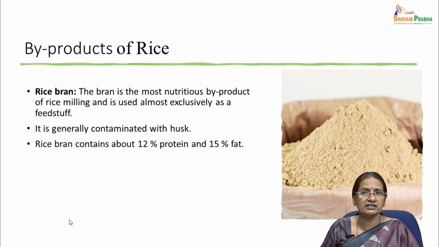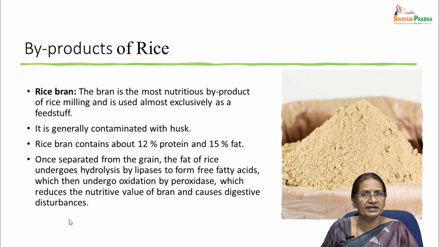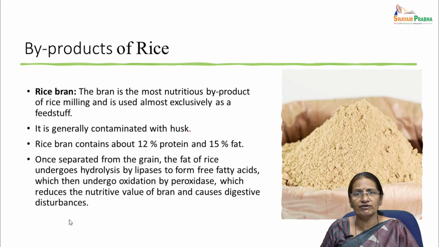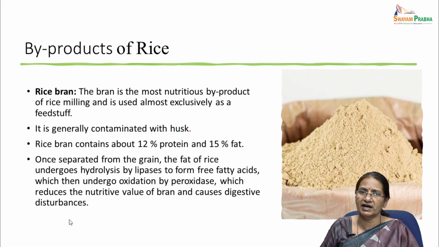Rice bran contains about 12% protein and 15% fat. Once separated from the grain, the fat of rice undergoes hydrolysis by lipases to form free fatty acids, which then undergo oxidation by peroxidase, which reduces the nutritive value of bran and causes digestive disturbances.